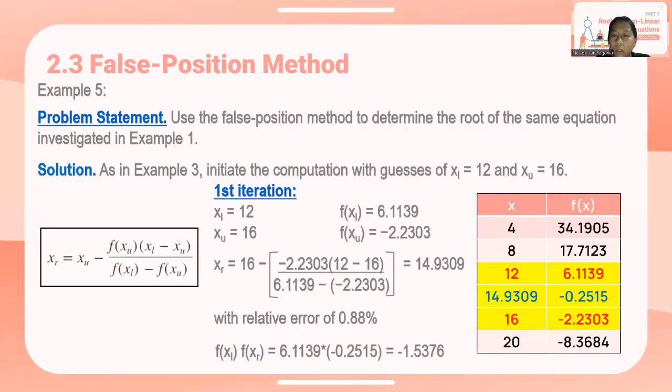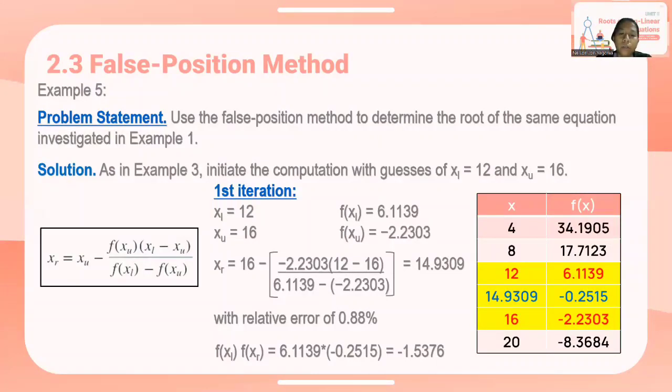Here in the table are shown the values of x and the computed function of x. Between 12 and 16 is the change of sign. So we use this for the first iteration.